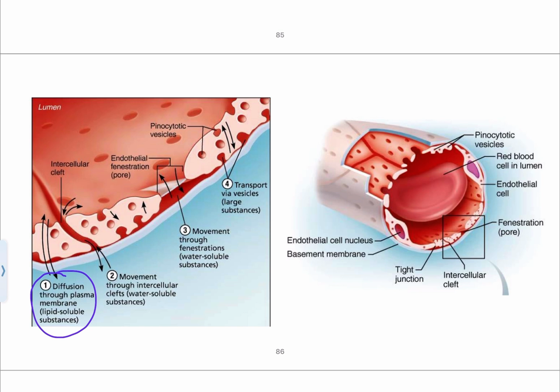The other 2 that allow for water-soluble substances like amino acids are them moving through intercellular clefts, shown here, or the fenestrations that we talked about in the different types of capillaries. And then our final way is actually using a vesicle in order for things to cross. However, if we need to use a vesicle for things to cross, that's going to require energy because it's a type of active transport.